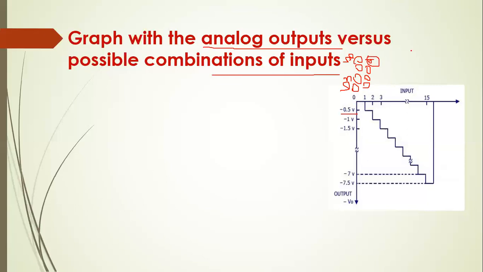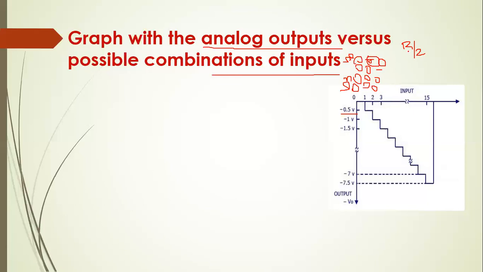Next combination, that is 2, means it will be having 0, 0, 1, 0. So now, except B1, the remaining bits are zeros. So only the B1 bit, that means the resistance you will be having is R by 2. Except this resistor, all the remaining resistors will not be connected, that is, they are connected to ground.